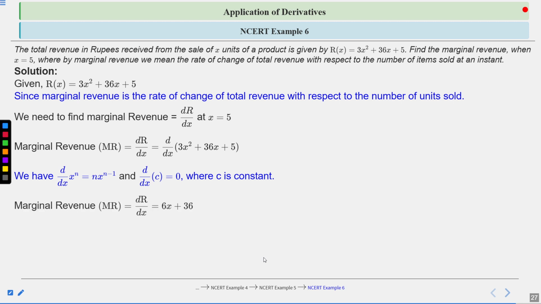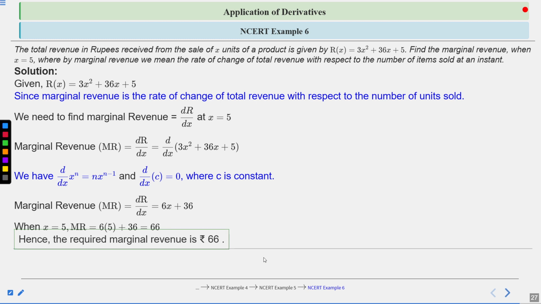Marginal revenue MR is equal to dR/dx, which is 6x + 36. Where x is equal to 5, marginal revenue MR will be equal to 6 into 5 plus 36, which is equal to 66. Hence the required marginal revenue is basically 66. Okay, clear? So the final answer will be 66.